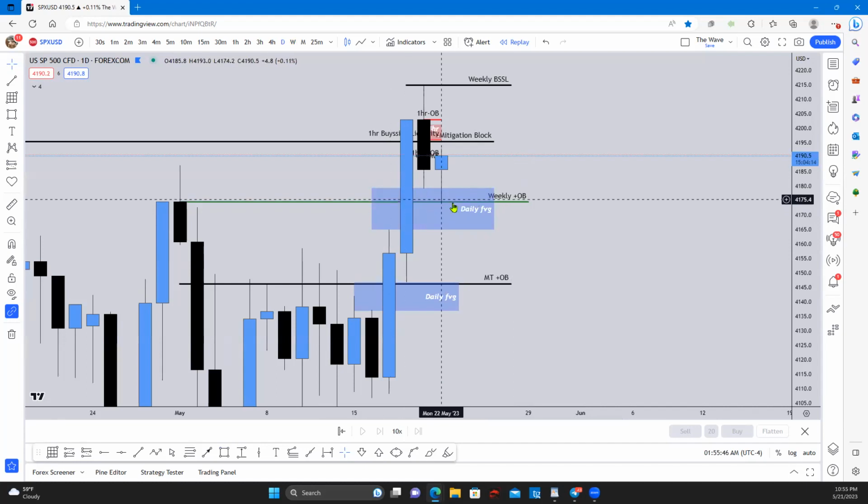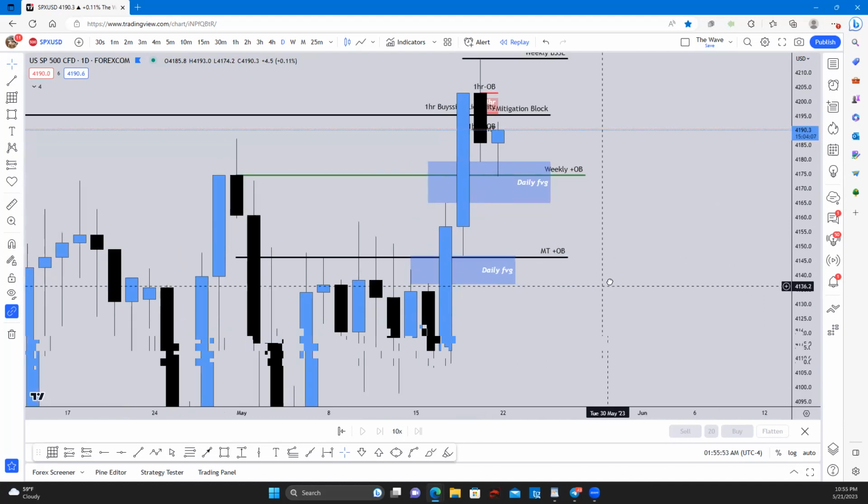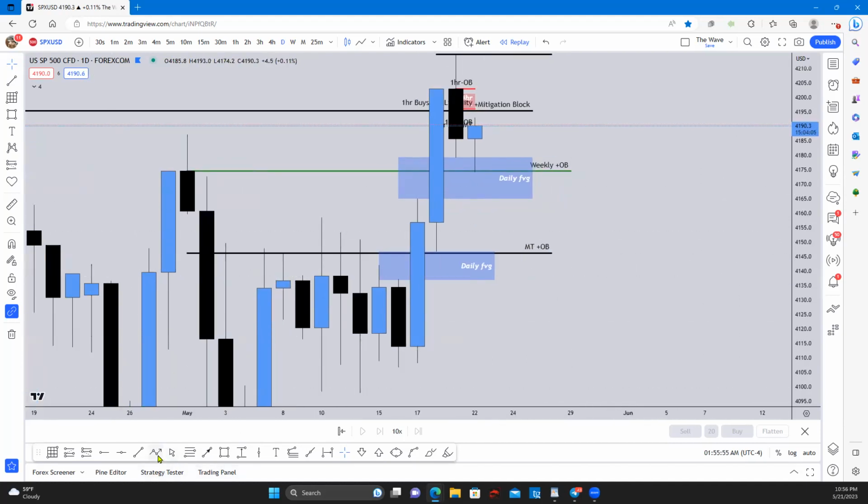If we drop down any lower, we would like to see it stay above here. So if price were to come back down this week, we could potentially see it wick down into this daily fair value gap and respect the mean threshold of this weekly order block, right?